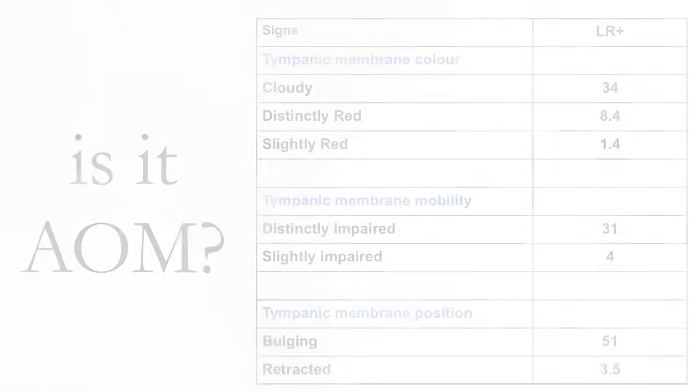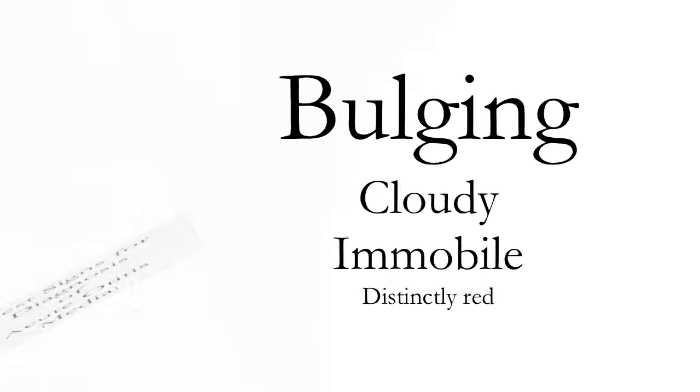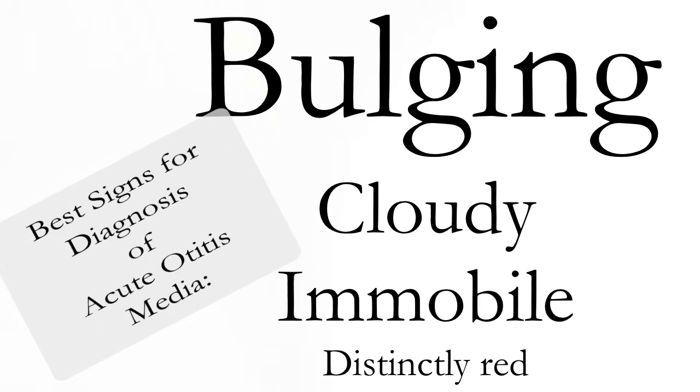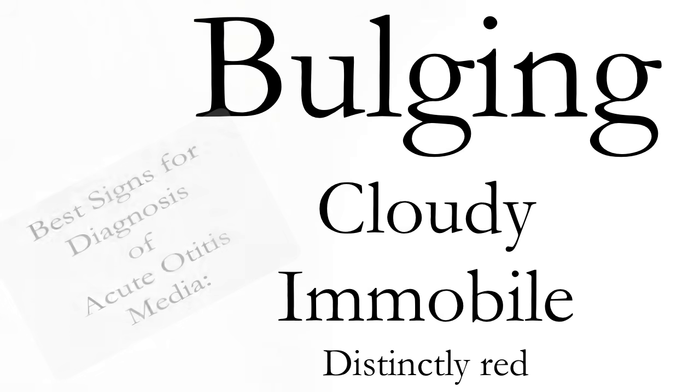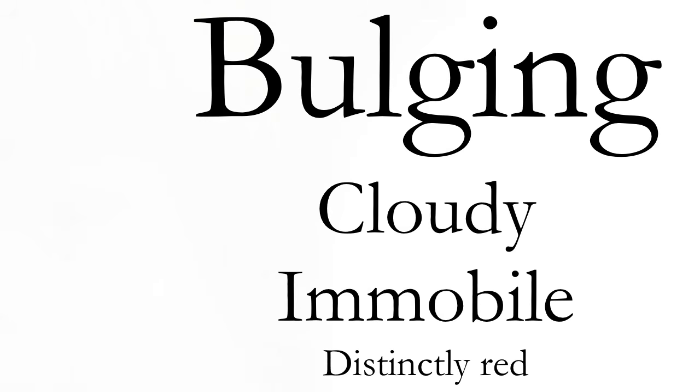So to rank these signs in terms of their usefulness, a bulging tympanic membrane is most important, followed by a membrane which is cloudy and one that's distinctly impaired in mobility. And a distant fourth would be a distinctly red tympanic membrane.